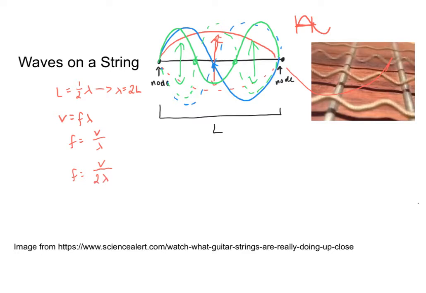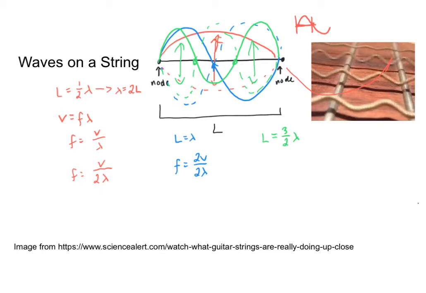If I do the same thing for my second wave, what I know is that the length of my string is equal to lambda, or frequency is equal to 2v over 2L. I could simplify that to v over L, but I'm not going to because I want you to see the pattern here. And the third wave that I can fit has a length equal to 3/2 of my wavelength, because I have 3 half wavelengths within the length of my string.